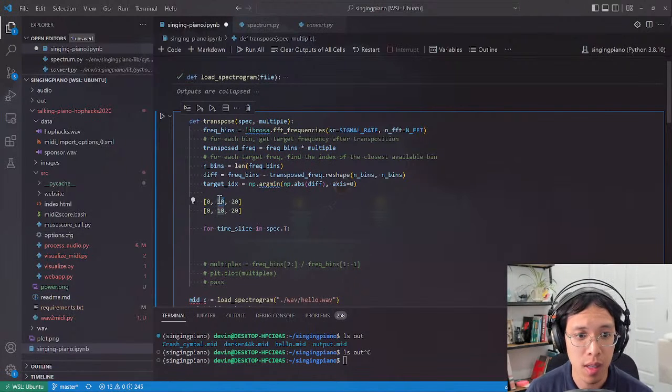In this case, everything in this bin needs to go to the 2 bin. So that's what the target index does here. It's telling us that the index for this bin should be 2, so that when you do the transformation, you count 0, 1, 2, you go to this bin, and you put the energy from this bin into that.